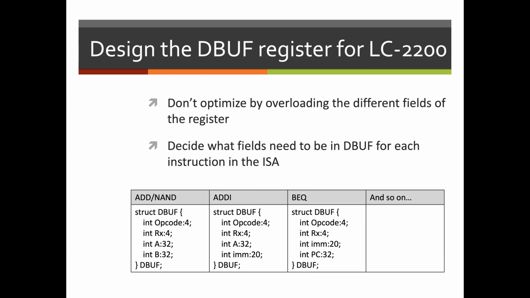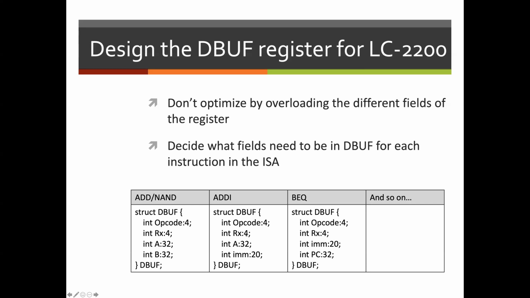And so let's take a look at what's needed for add and nand, add-I, BEQ, and so forth. We can see all of the various components that are needed for each one. We want to identify any differences that might be present between each one.